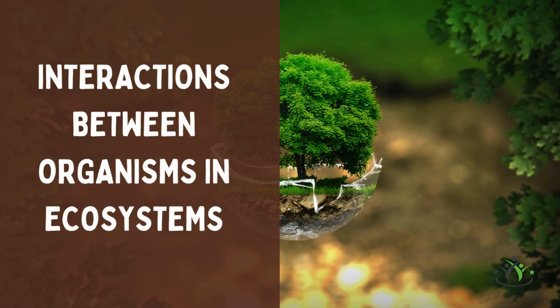Right, so now I want us to look at the second last part and the last part of our lesson for today. I want us to look at the interactions between organisms in the ecosystems. That is the relationship within the ecosystem. Remember, we said ecology is the study of the interaction between abiotic factors as well as biotic factors.